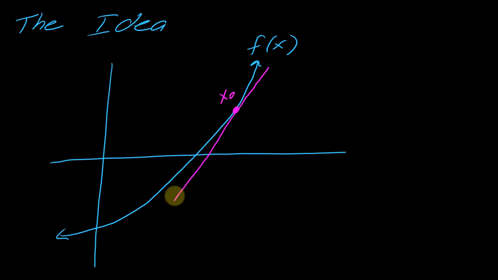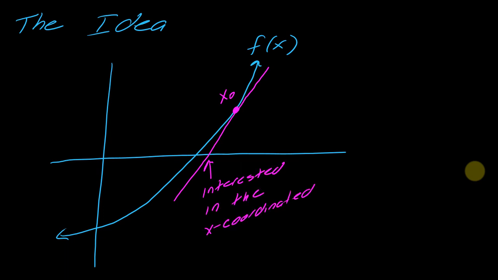But what I'm most interested in is this point here, which will get me to a new x-coordinate. So I figure out the x-coordinate where the tangent line crossed the x-axis. This is going to be our new guess.